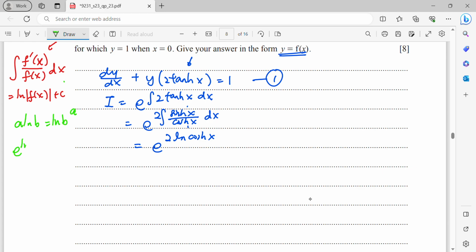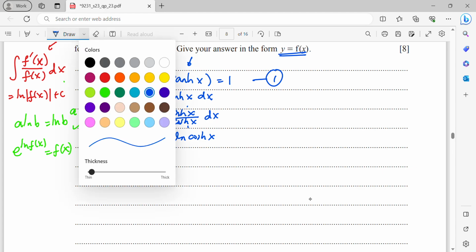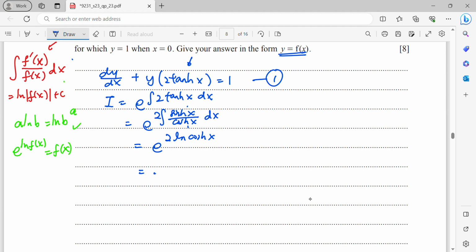After that, e to the ln f(x) is going to be f(x). So I apply the first formula: e to the ln of cosh x to the power of 2. Then e and ln cancel off, and you get cosh squared x. This is my second equation.